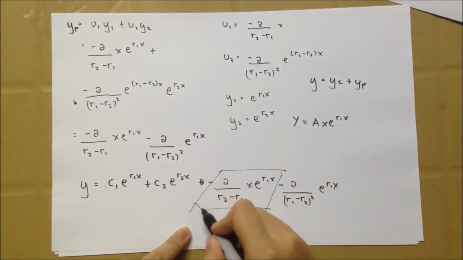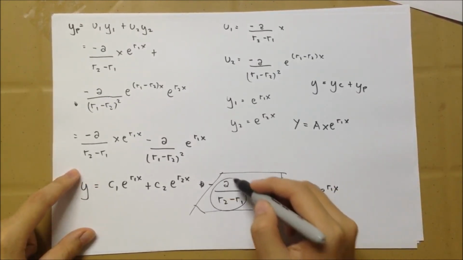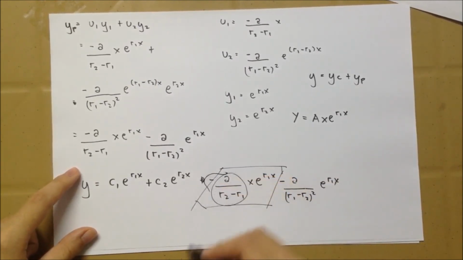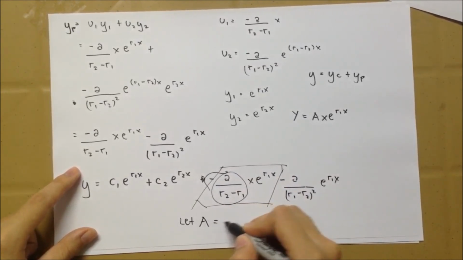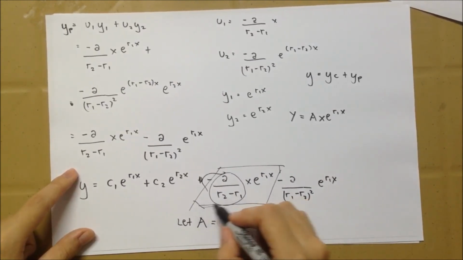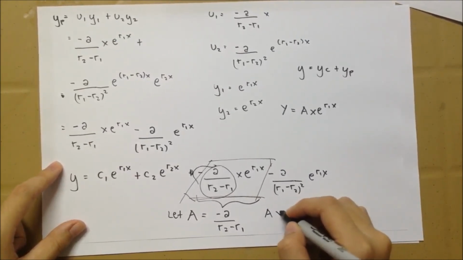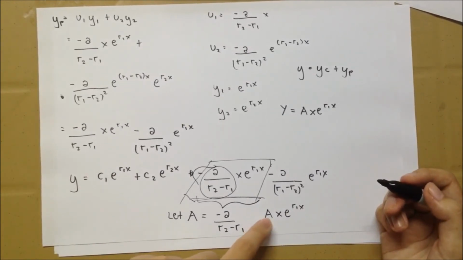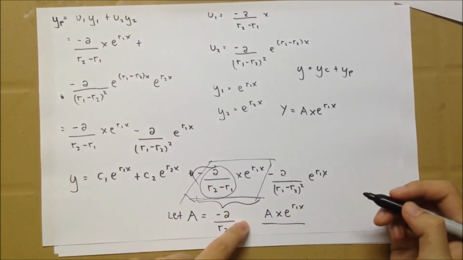This is one of the solutions of our differential equation, and this portion here is a constant. Now I can just rewrite this portion here, including the negative sign, as capital A. So I will let capital A equal negative a over r2 minus r1. So this part here, I can rewrite as A x e to the r1x, and so this means that this is one of the solutions of our differential equation.